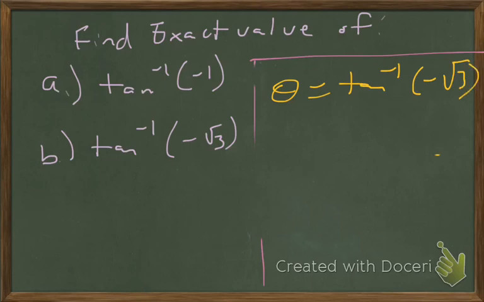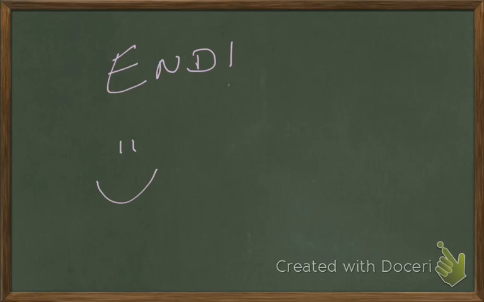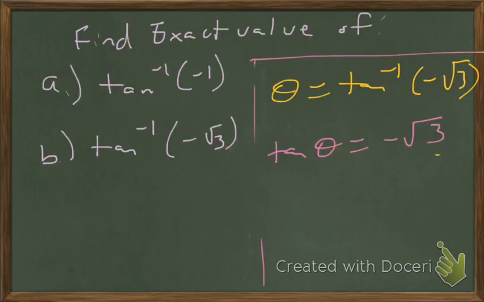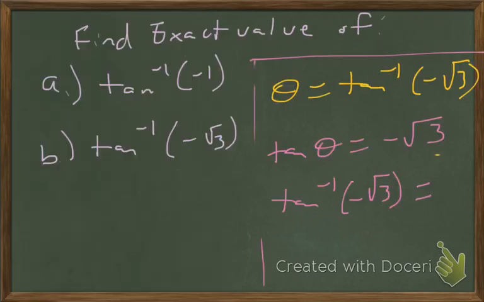Multiply the left side and the right side by tan. We end up with tan theta is equal to negative square root of 3. We look at our chart. Negative square root of 3 is the one above the one that we have boxed currently. So negative pi over 3. So tan inverse of negative square root of 3 is, once again, negative pi over 3. I hope you got that answer correct.